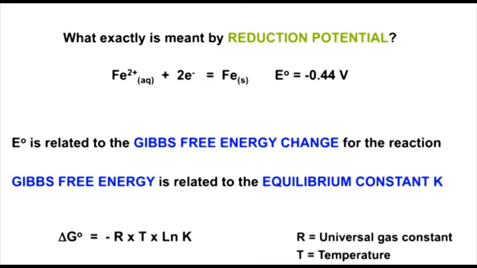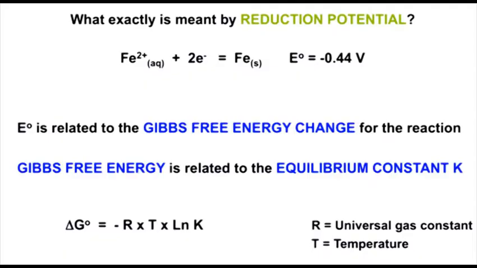Let me give you the example of the iron reaction on the previous slide. Iron 2+ cations, adding 2 electrons to go to iron solid. That is what is called a half reaction. It's a half reaction because it's a reduction reaction. The other half would be an oxidation that will take away the electrons produced in this reduction. The reduction process for iron has a standard reduction potential of minus 0.44 volts.